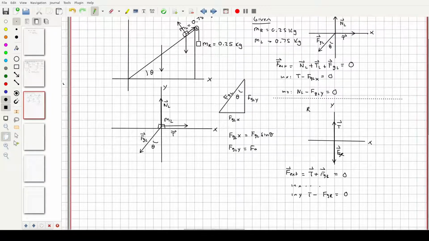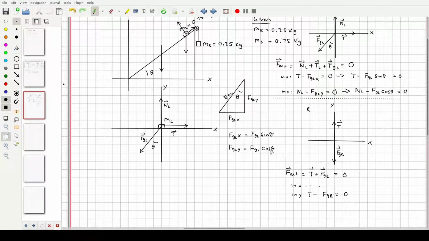That's cosine. All right. So those will go in here, and let's do that real quick. FGLX, that's FGL sine of theta. This one is really not useful to us. We're going to go ahead and do it anyway. That's going to equal 0 as well.